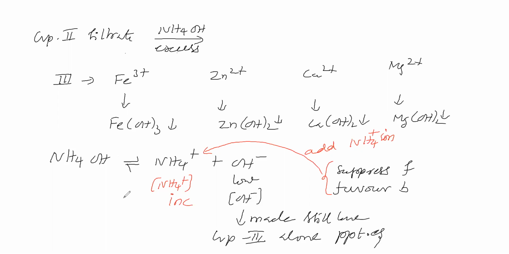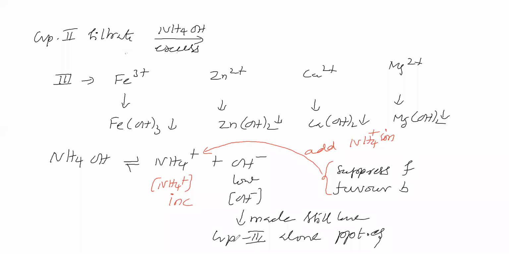Backward being favored means this concentration gets reduced. You are bringing this concentration to a certain value at which group 3 alone precipitates, but not the other groups, that is 4, 5, 6.